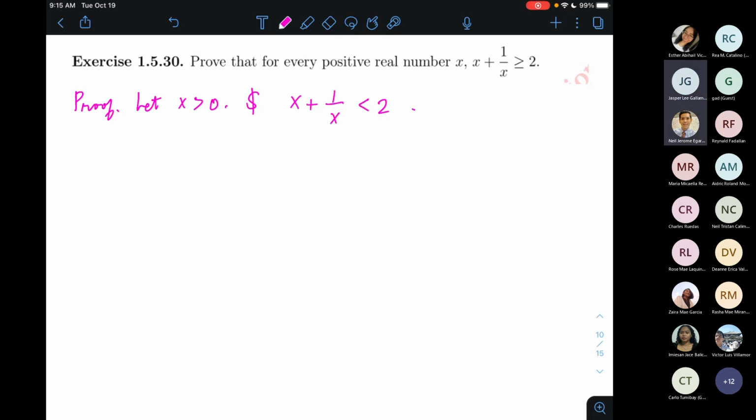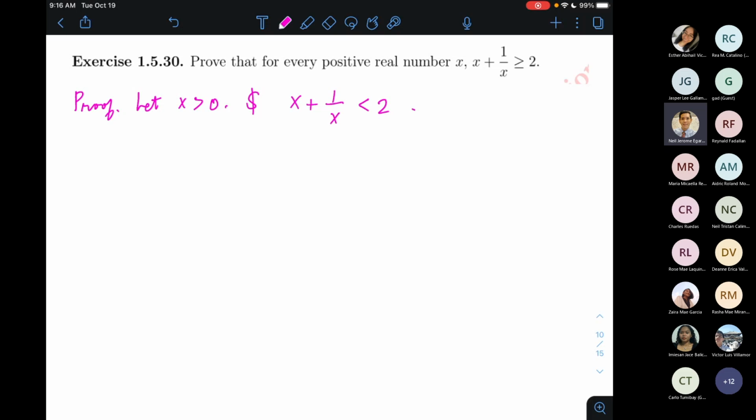Okay. And then we'll try to use some again valid steps, valid argumentation or valid reasons in order to come up with a contradiction. Okay? So can somebody suggest ano kaya yung susunod kong gagawin? O ano yung pwede kong gawin out of this supposition?